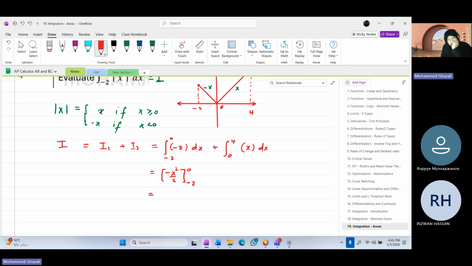And if I substitute -2 here, I'm getting 0 minus 4 over 2. Remember, it's upper boundary minus lower boundary. Are we good, guys?